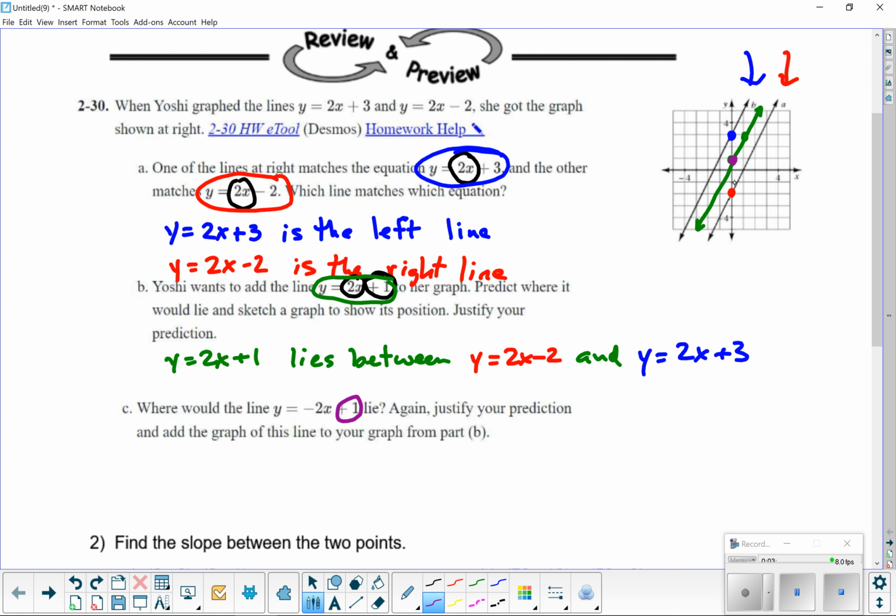Down 2 over 1 would be right here. If I keep doing that, down 2 over 1, down 2 over 1, this line will be going exactly opposite of what the other lines are.